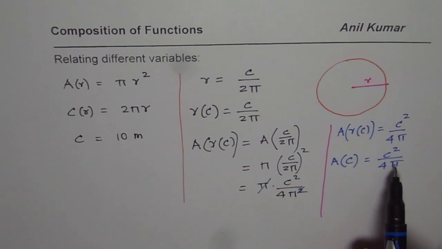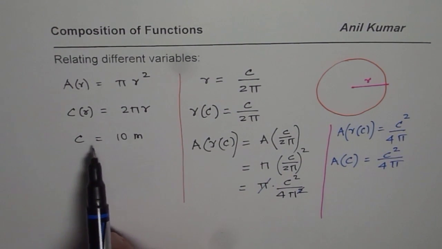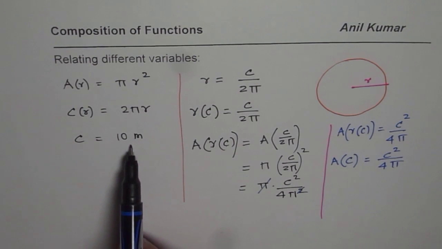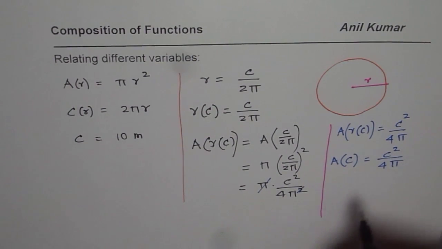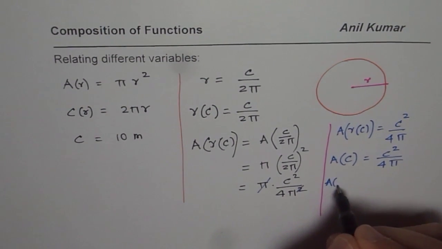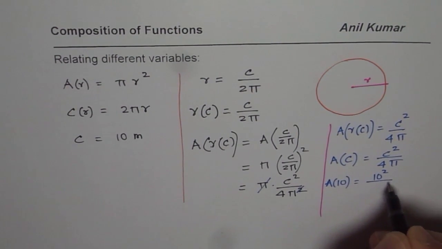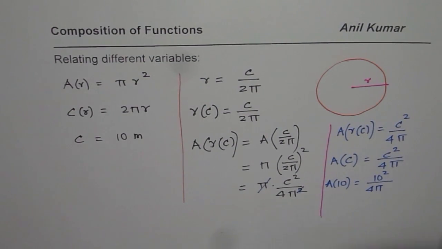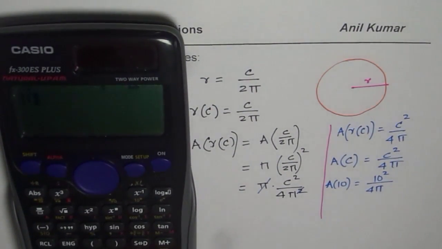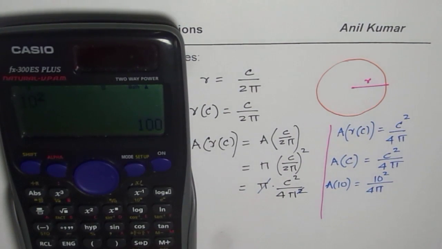Once we have this function, we can find what's the area when circumference is 10 meters, correct? So let's write down 10 meters here, and we say area for 10 meters of circumference is 10 square divided by 4 pi, correct? So let's use the calculator to find the answer. We have 10 square, which is equal to 100, divided by, within brackets, 4 and pi, right?